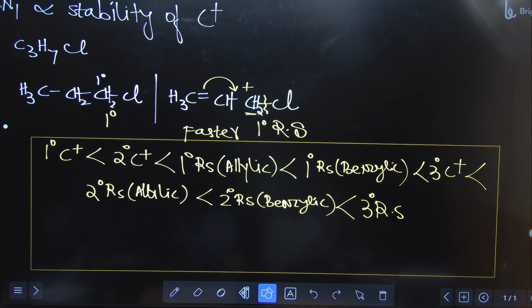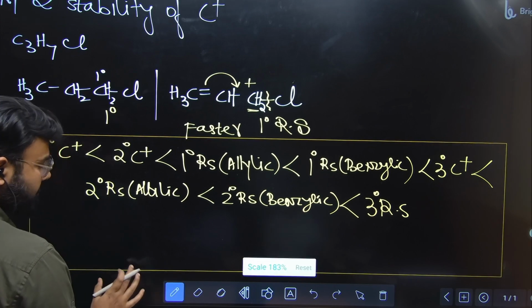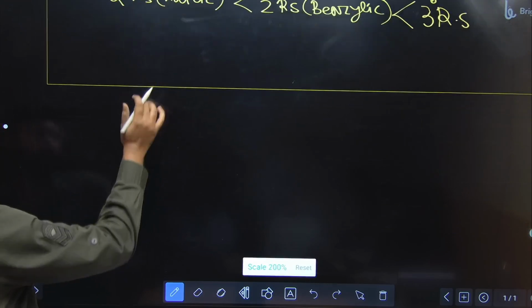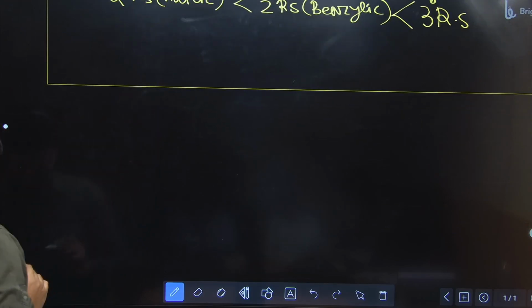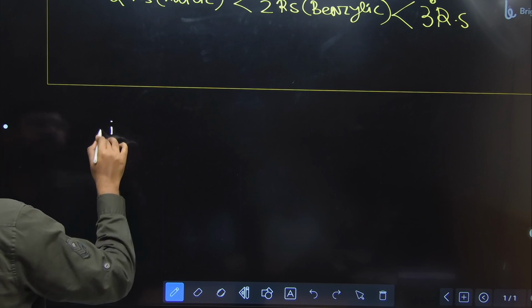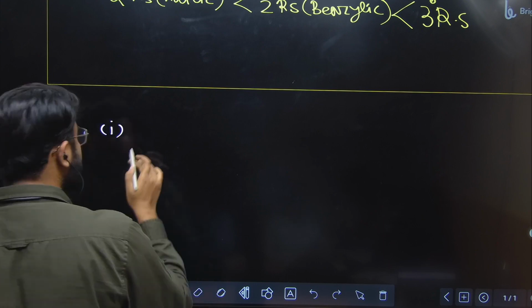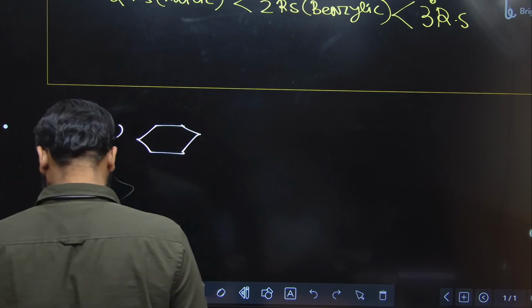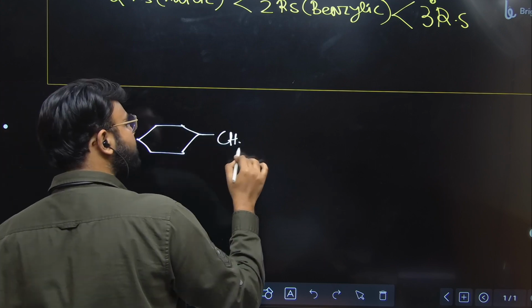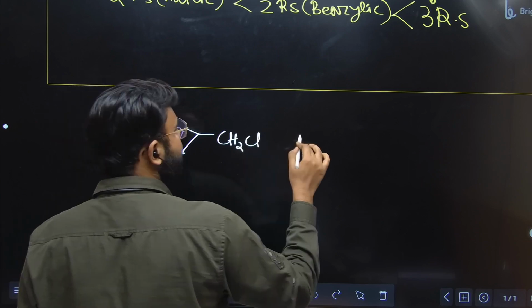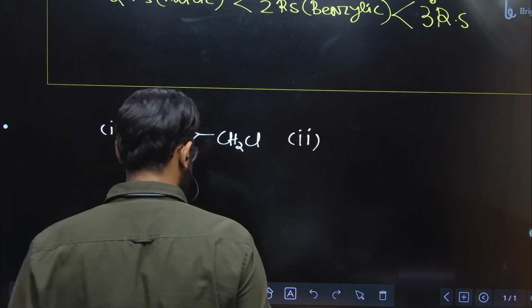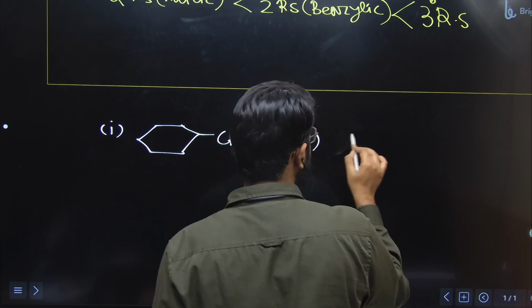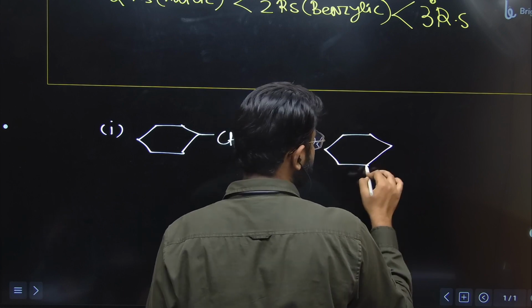So guys, let's do the last question now. Let me draw the structure first. CH2Cl, and you have Cl.